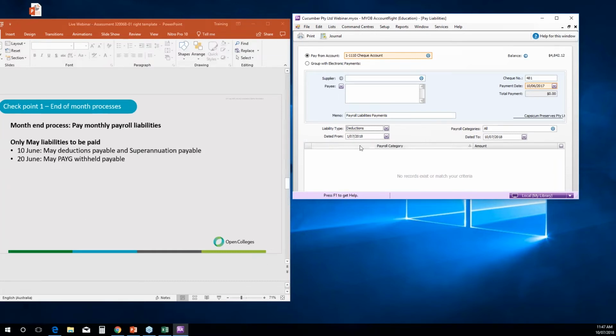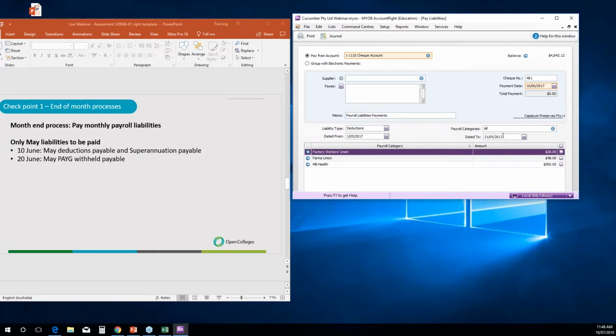What's the matter? Because we have to set the dates here for when we accounted for the deductions: 1st of May 2017 to 31st of May 2017. Remember, the deductions will be paid for May only, not June.